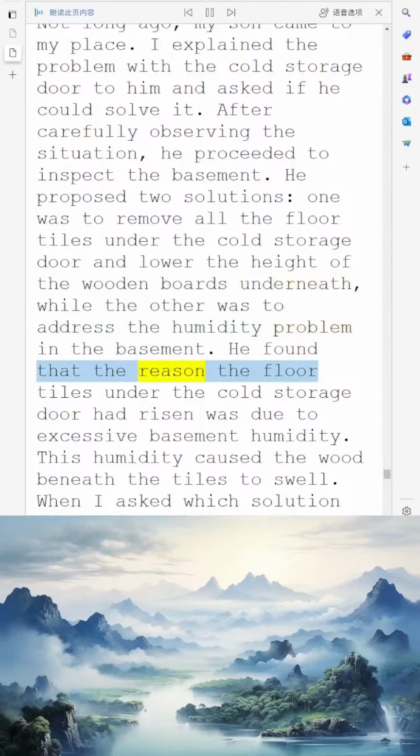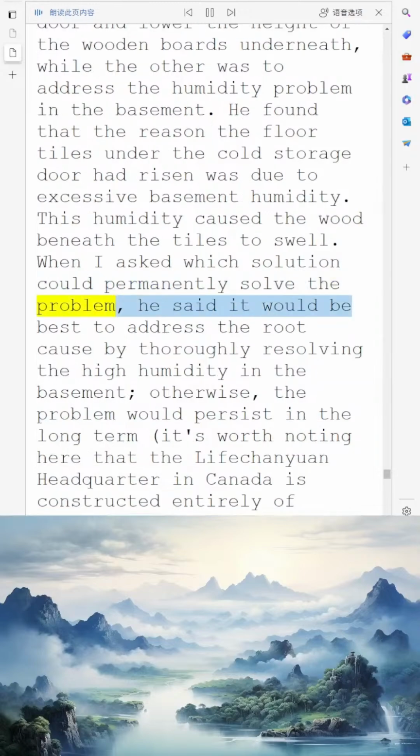He found that the reason the floor tiles under the cold storage door had risen was due to excessive basement humidity. This humidity caused the wood beneath the tiles to swell. When I asked which solution could permanently solve the problem, he said it would be best to address the root cause by thoroughly resolving the high humidity in the basement. Otherwise, the problem would persist in the long term.